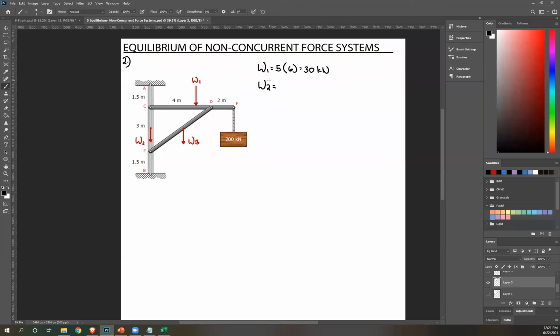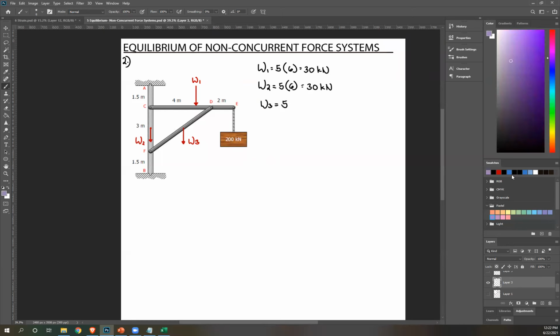W2, again, that's 5 times total length, so that's 3 plus 1.5 plus 1.5, that's 6. So 5 times 6 meters, that's again 30 kilonewtons.